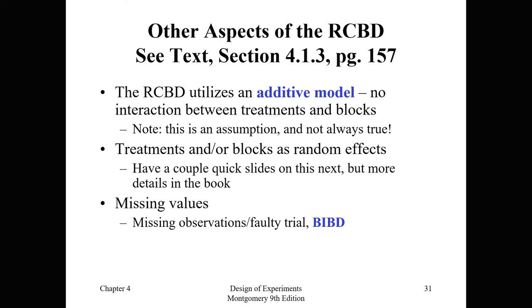We couldn't get enough experimental units from the block to give an experimental unit to every level of our treatment factor. What do we do then? And that is the balanced incomplete block design. It's a very interesting design, something definitely to check out. The analysis is going to follow very similar to what we did, but how you design it is a little bit different. And again, our textbook has some details about that.